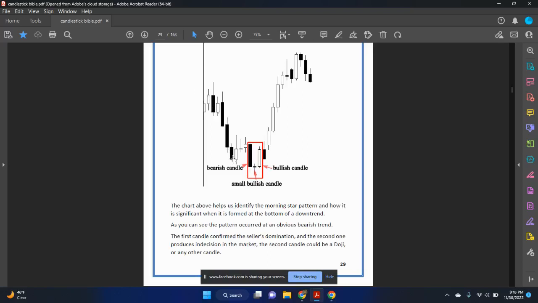So here is that bearish channel. The first candle confirmed the sellers' dominance, and the second one produces indecision, which is that doji. It doesn't have to be a doji, as long as it's a small candle. So the second candle could be a doji or any other candle.